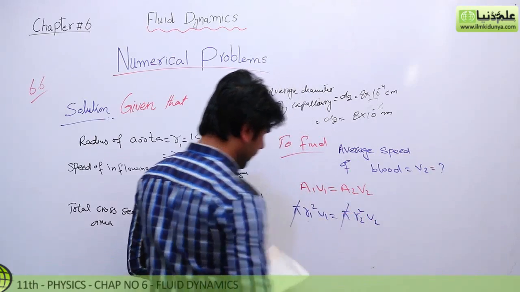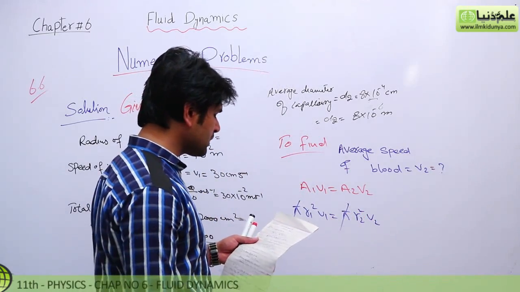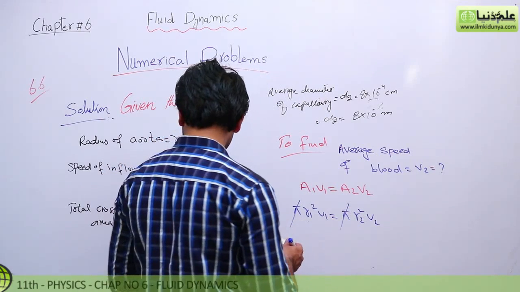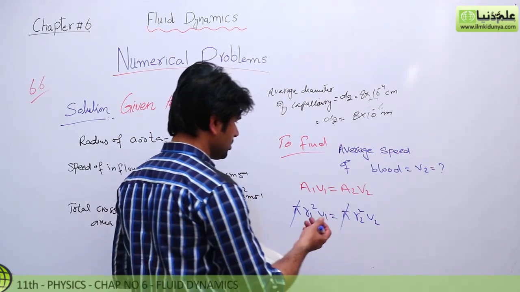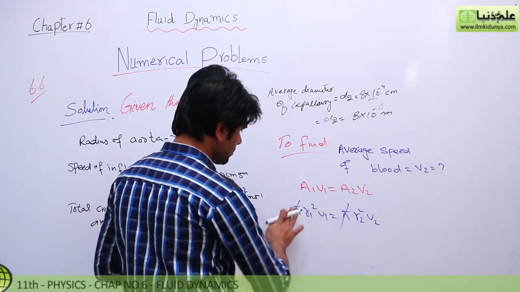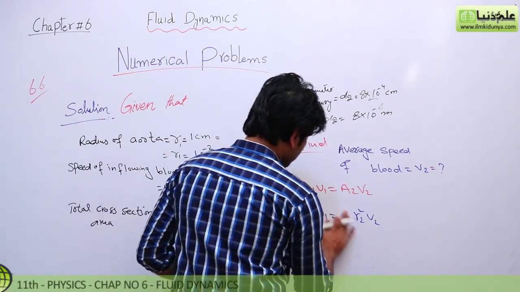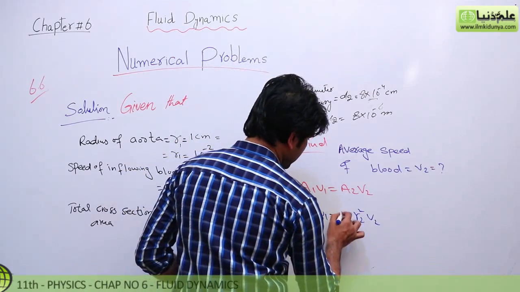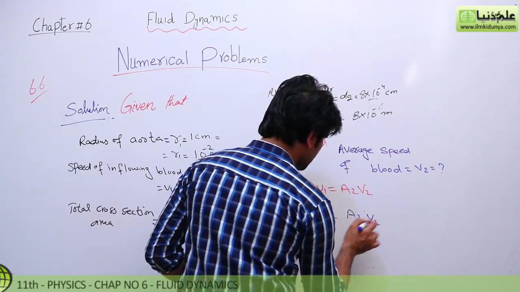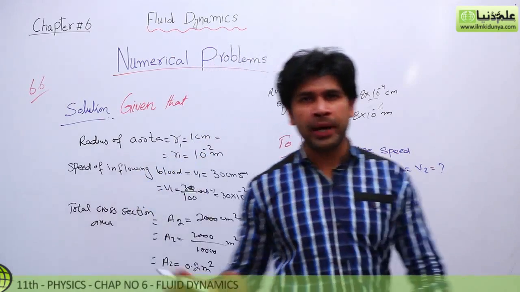Pi cancels out by pi because this is constant on both sides. We should not cancel out this because we have been given the area A2. Okay, you can also solve this by cancelling the pi by pi.